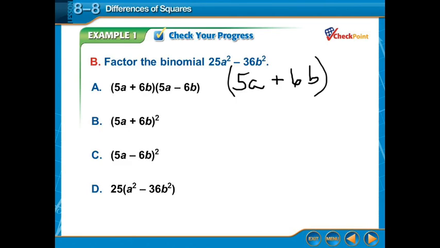So I'll have 5a plus 6b, and I'll have 5a minus 6b. And so that's the difference of two squares, so that makes my answer A.